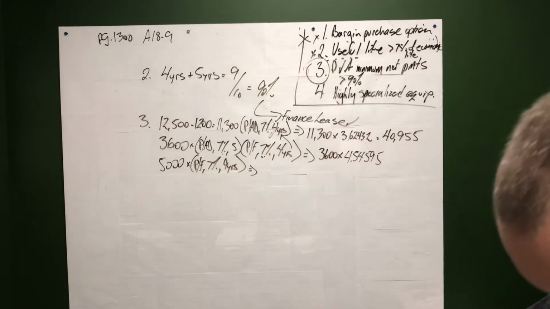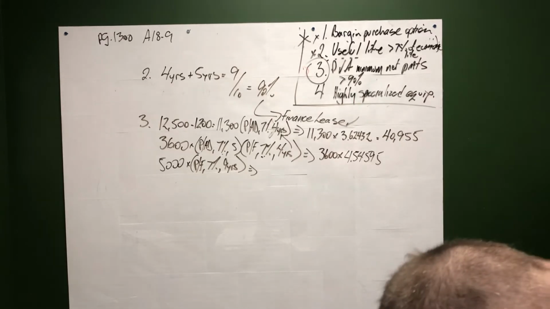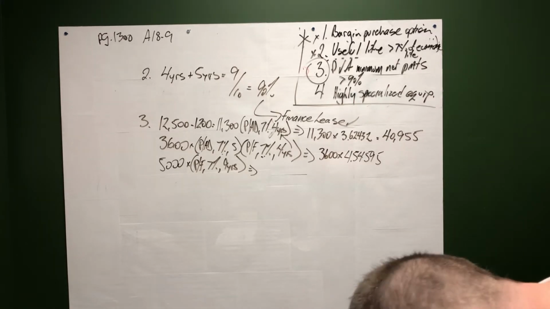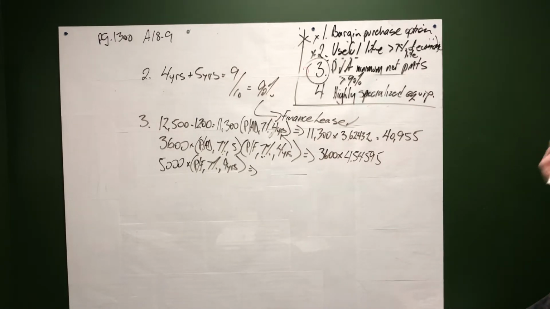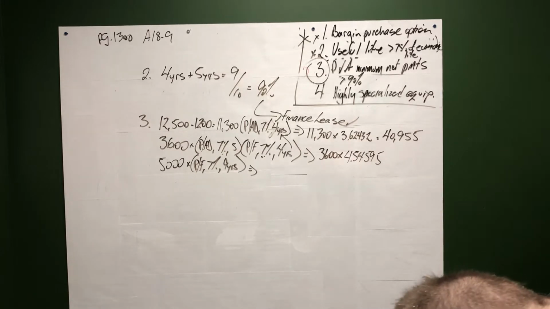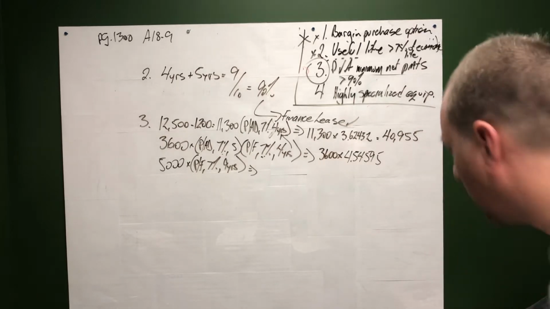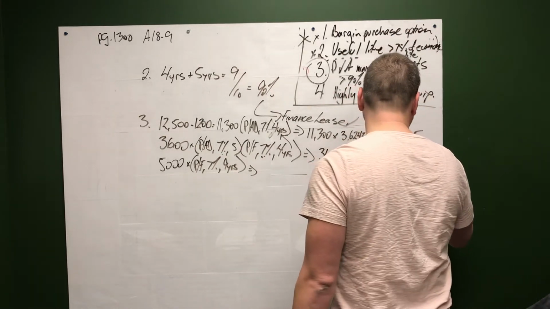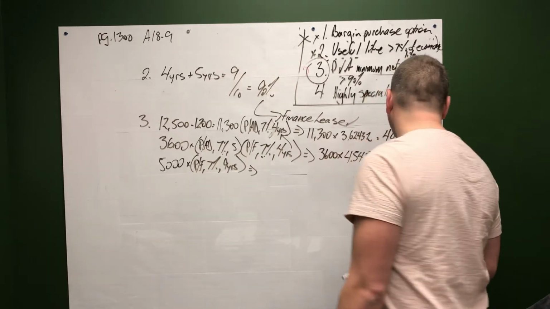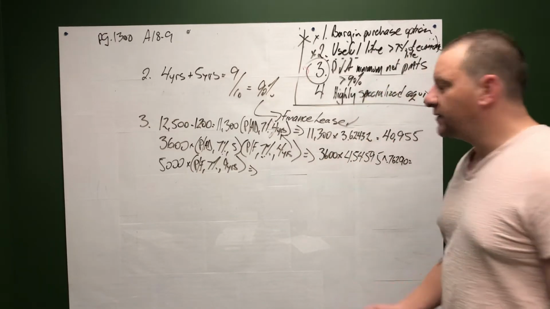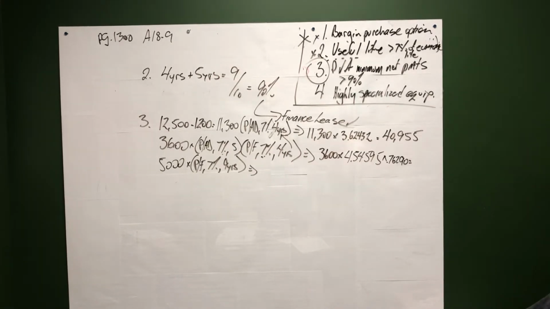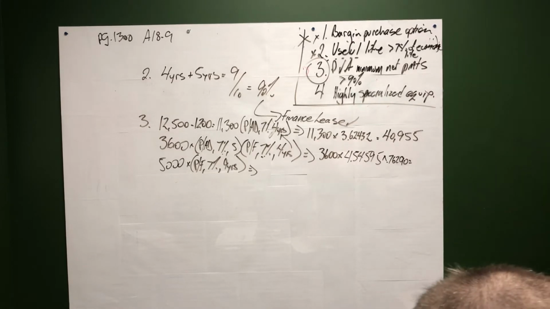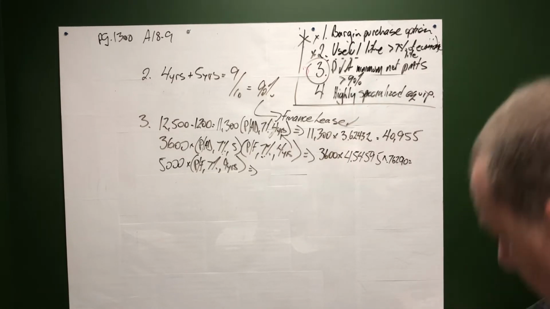Now we're going to page, what is it, 1675, 7% at 4 years, 0.76290. And then lastly, we're going to stay on page 1675, 7% at 9 years, 0.54393.